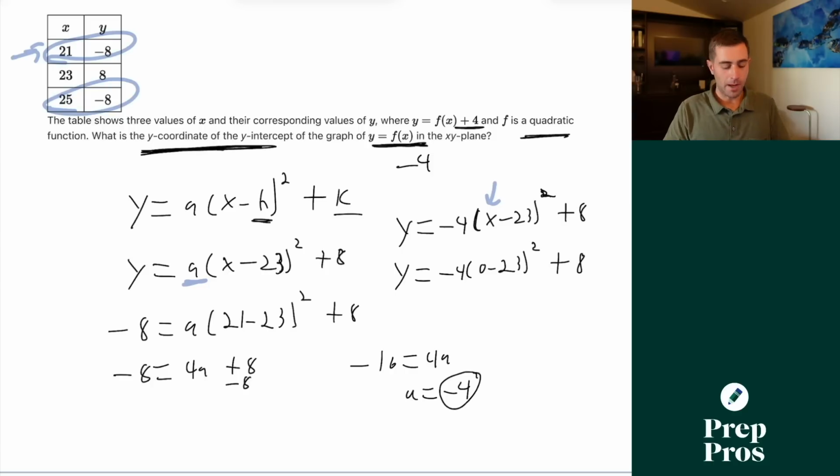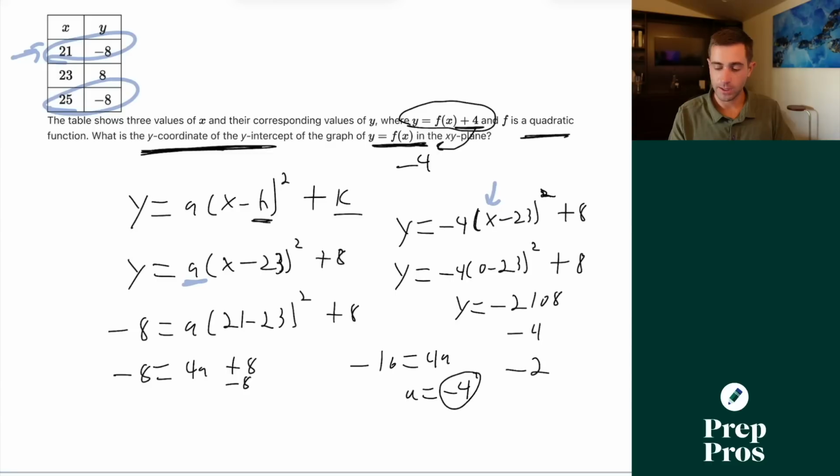Negative 23 squared gives us 529, times negative 4 gives us negative 2,116, plus 8 gives us y equals negative 2,108. But this was y equals f of x plus 4, and we're looking for f of x. So we need to subtract 4 from this, and that gives us our correct answer of negative 2,112.